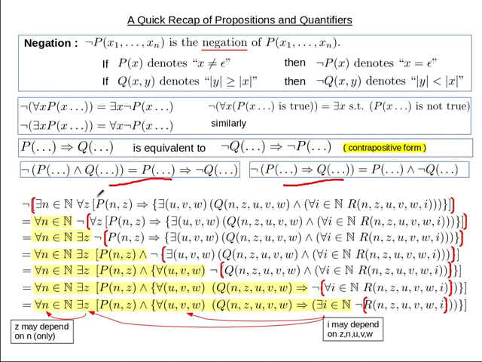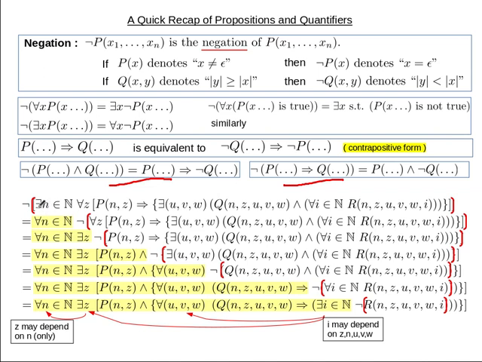Now look at this example. Here the domain of this n is natural numbers including 0, and all these z, u, v, w are strings, and again this i and n are natural numbers.